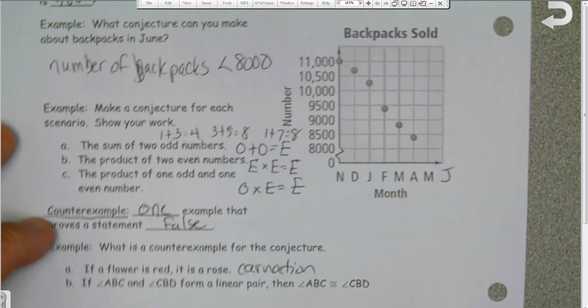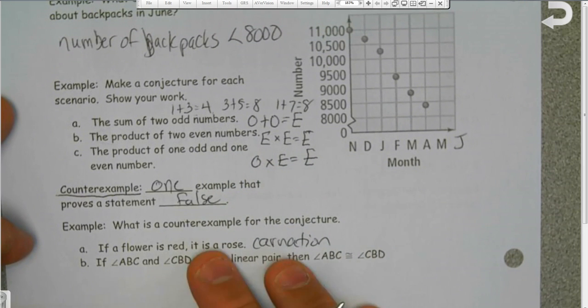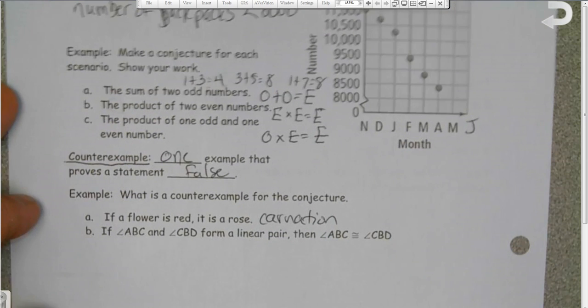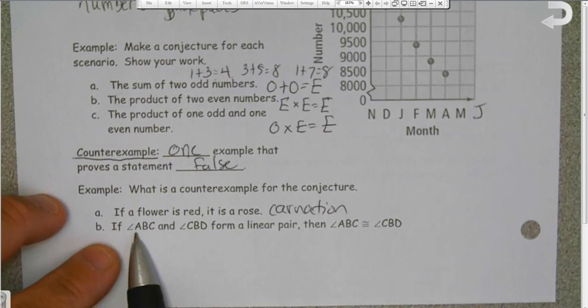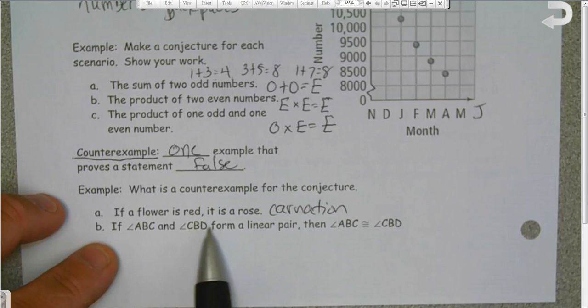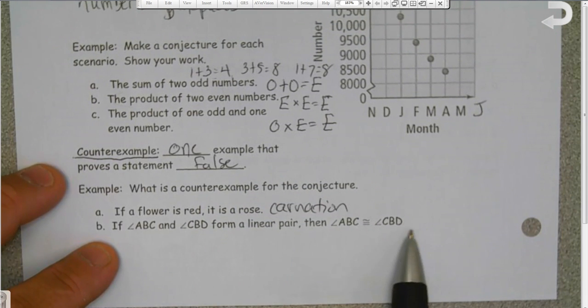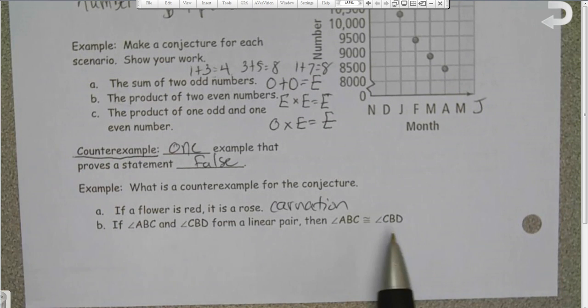Now, for example B, we're not going to be able to do anything except for draw a picture, because it says if angle ABC and CBD form a linear pair, then angle ABC is congruent to angle CBD. So in order to find a counterexample, we have to draw a picture that proves this false.